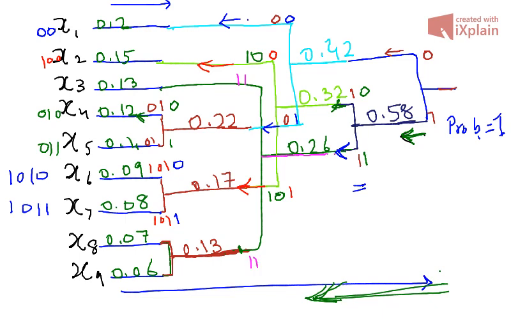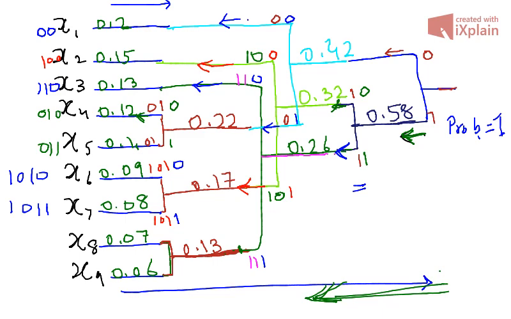Now write a 0 above and a 1 in the lower branch. So 110 is the code word for x3.